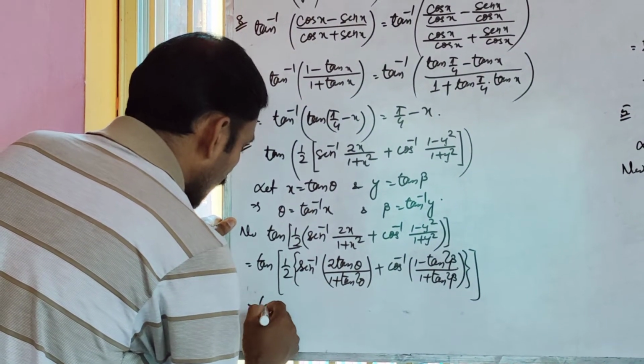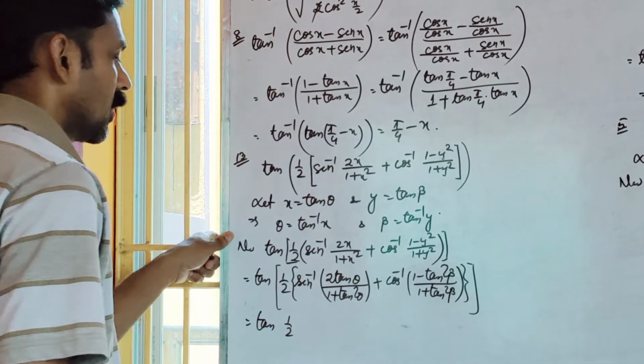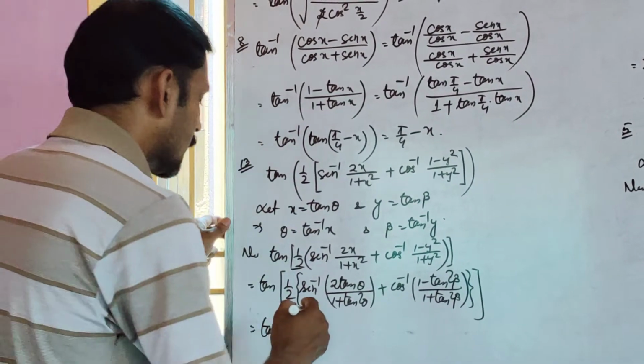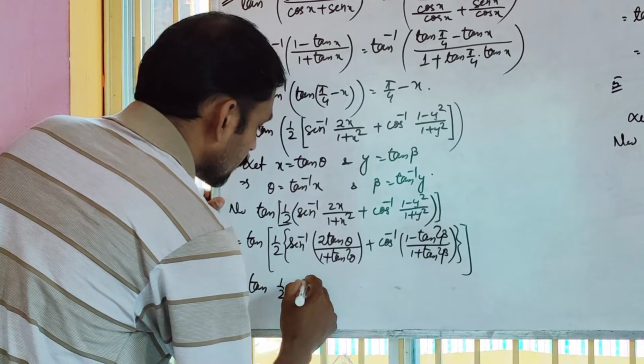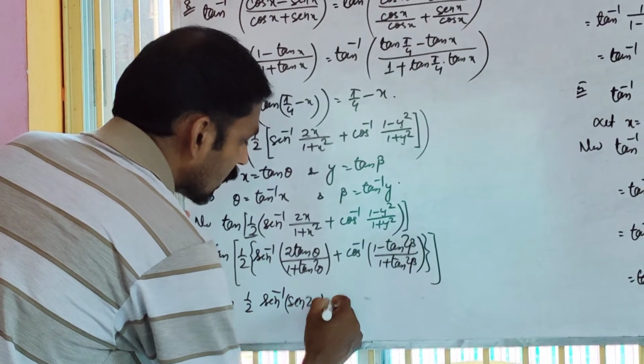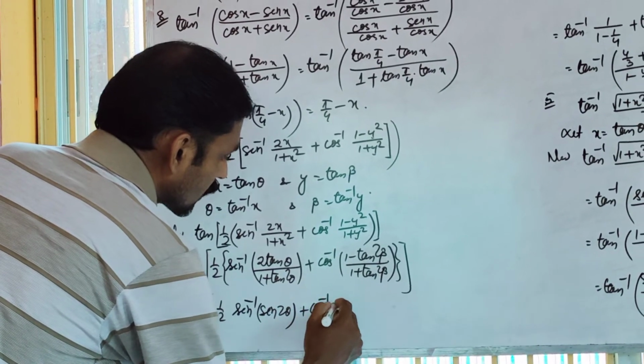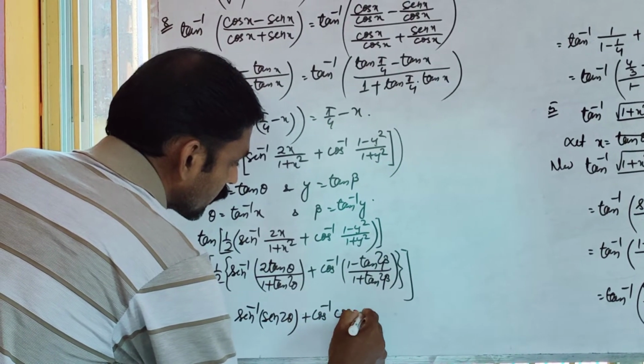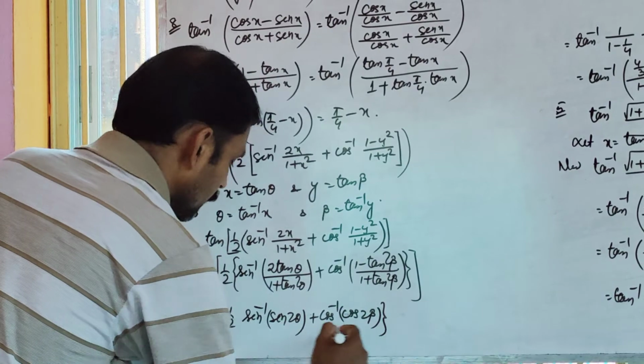This is tan half of, now this is sin inverse sin 2 theta plus cos inverse cos 2 beta.